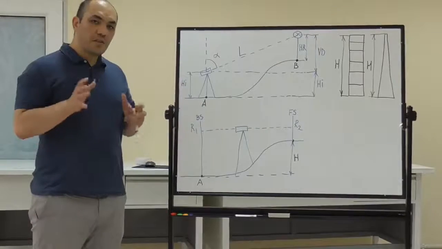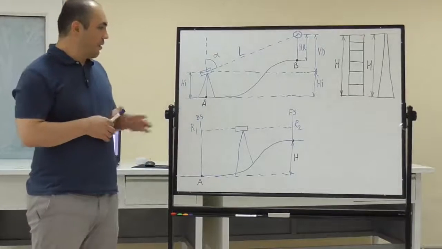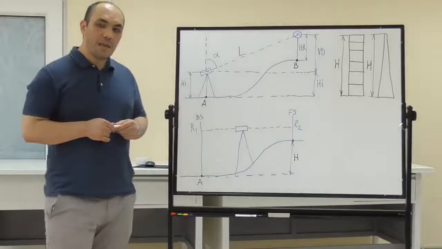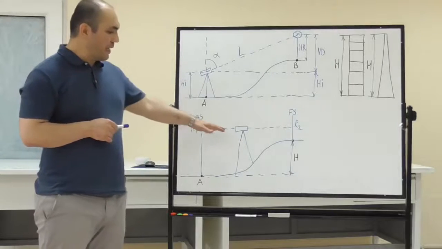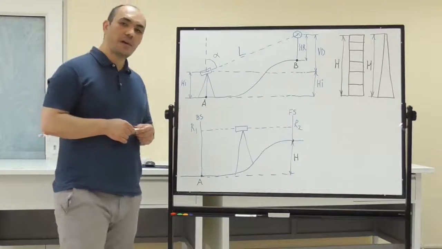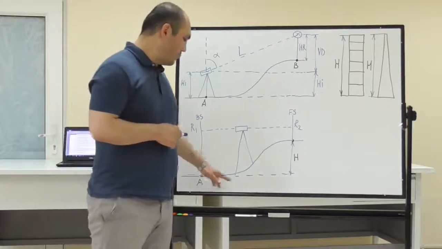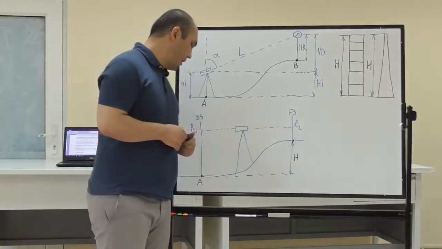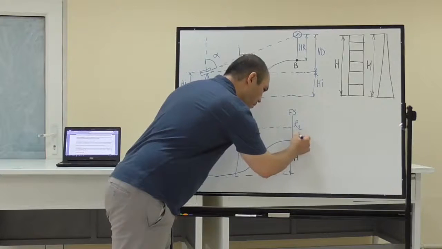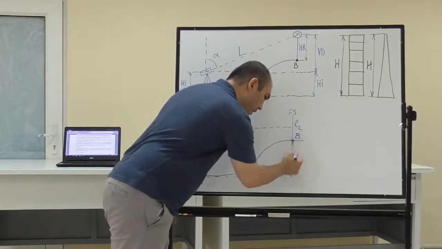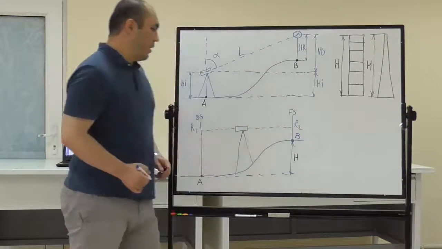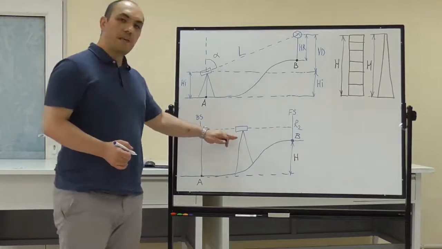Alternatively, instead of trigonometric leveling, we can use the simple leveling method to identify the relative height between A and B. This is the point B, this is the relative height, by using the leveling instruments.